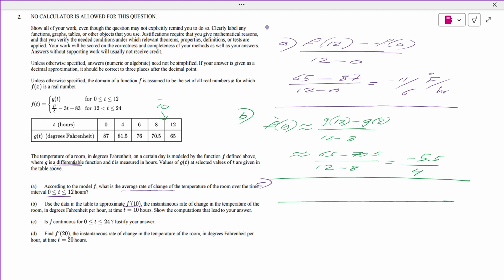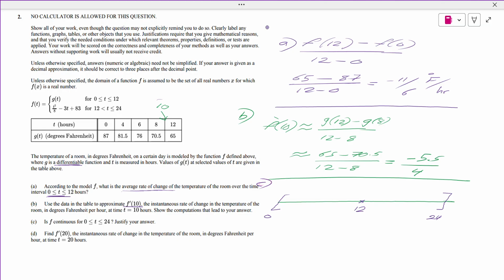Now this interval from 0 to 24 splits up at 12. So we need to check whether the function is continuous at 12, and whether it is continuous from 0 to 12 and from 12 to 24.